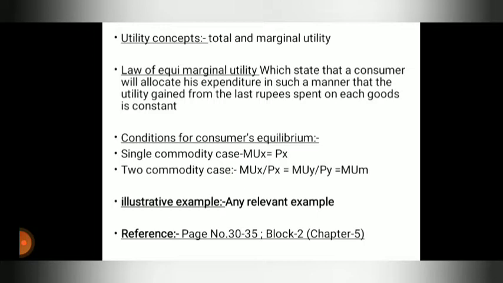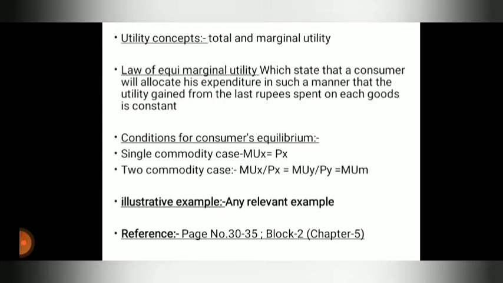Then we are coming to the main law, which is the law of equimarginal utility given by Alfred Marshall. It states that a consumer will allocate his expenditure in such a manner that the utility gained from the last rupee spent on each good is constant.